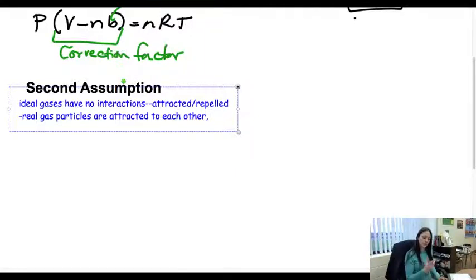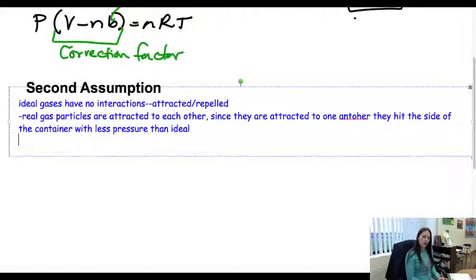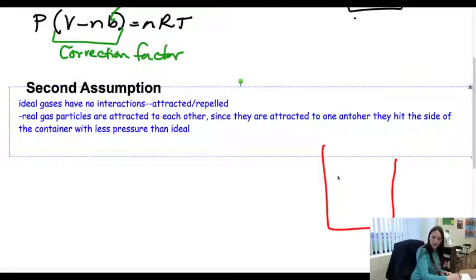Since they are attracted to each other, they hit the side of the container with less pressure. How that works, and you have a little picture on yours, is that I have a container and I have these gas particles. Whereas this gas particle tries to hit the container wall, it is also attracted to these three gas particles around it.